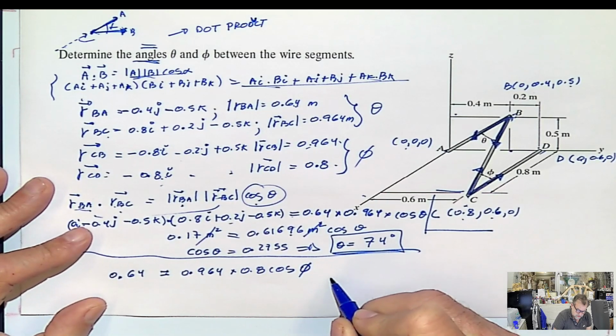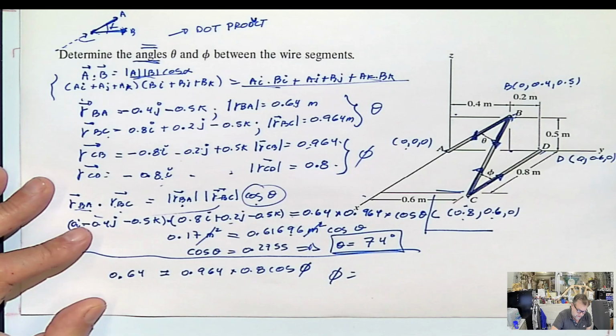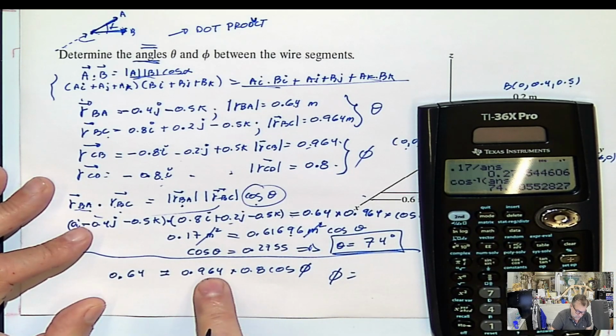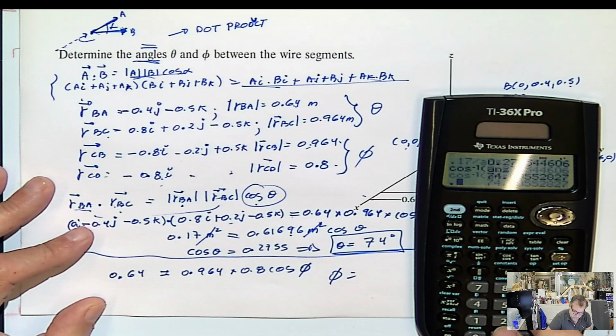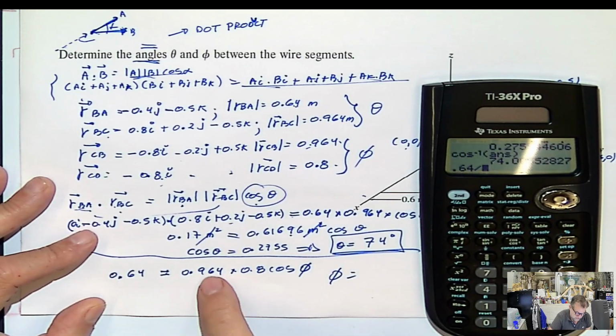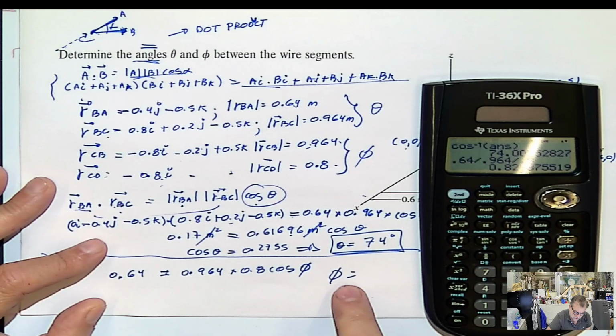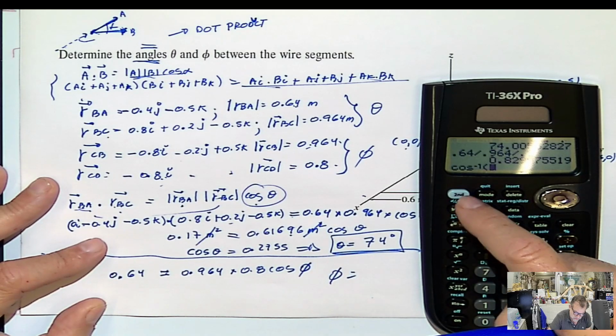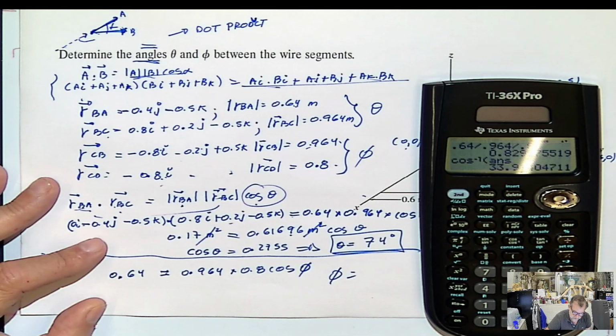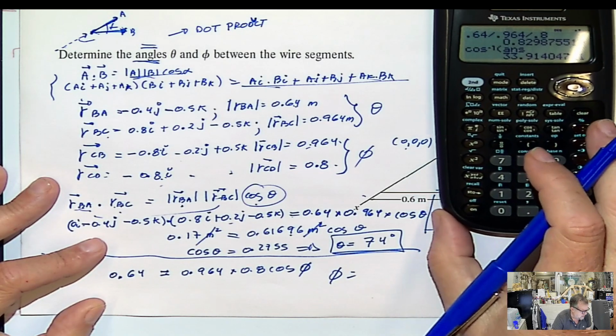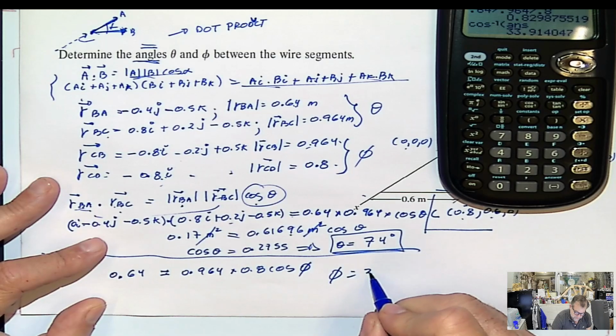The cosine of the angle in this case will be 0.64 divided by 0.964 divided by 0.8, and the inverse cosine of that would be 33.91 degrees.